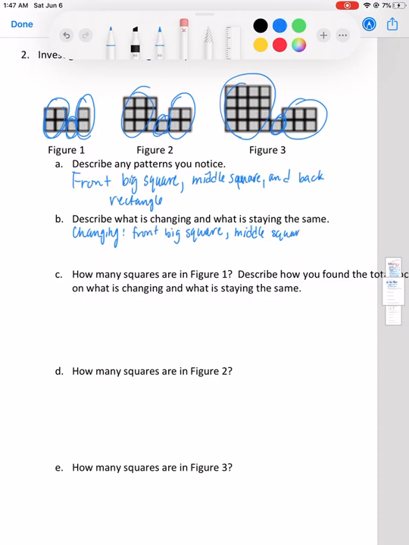So we've got to take a look at the middle square for all of them, and we see that it actually doesn't change, it stays the same. So I'm going to put that in my next category here. I'll note that down real quick before I forget. Middle little square. And then the back rectangle also changes. The little tail fin thing.